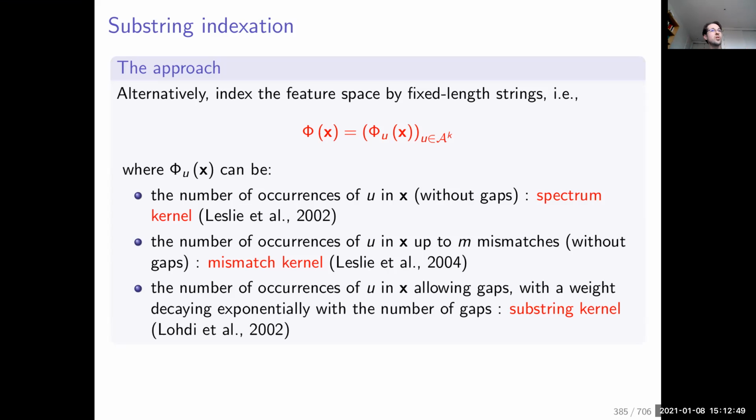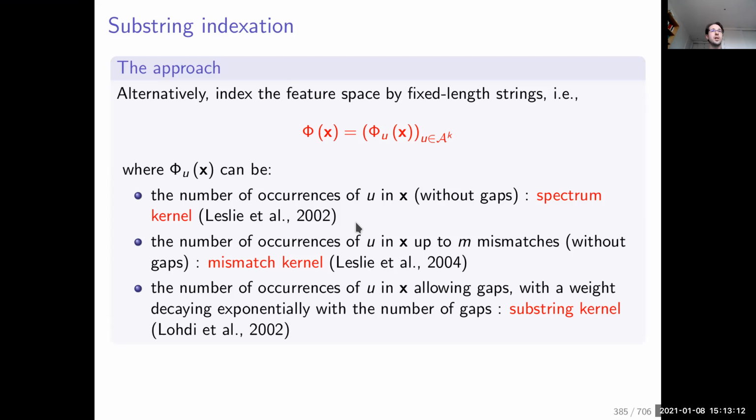So here this is relatively similar. The spectrum kernel is a sort of histogram where each entry counts the number of occurrences of a particular subpattern. So of course, this is a very high dimensional vector.